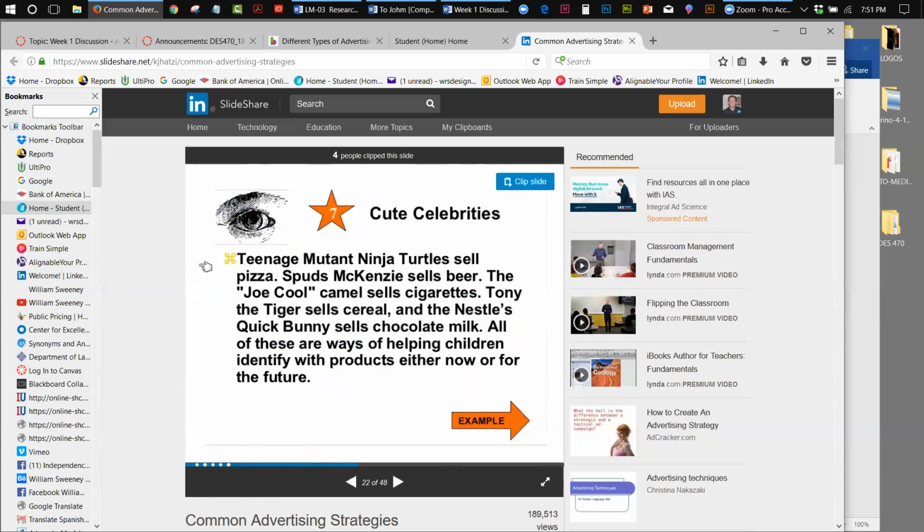Joe Cool, Camel, that's another one now. Other than the fact that I'm sure you've heard Joe Cool before, I heard it when I was a teenager. They would use the term Joe Cool. But Joe Cool is the Camel who sells cigarettes. Well, that was developed by Camel cigarettes. I'm pretty sure it was Camel.